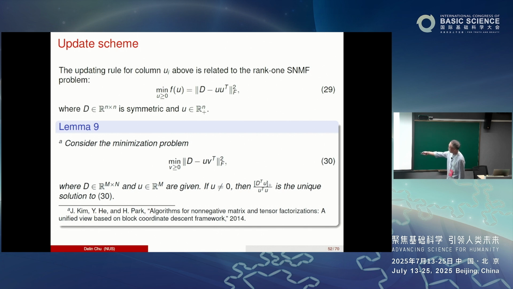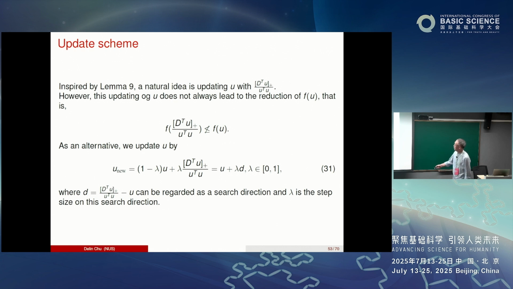Now let's recall this result. Suppose D is given, U is given, and U is non-zero. Then the unique solution to this minimization problem is given by this vector, (D transpose U)+ over U transpose U. According to this result, naturally we may consider updating U using this vector.